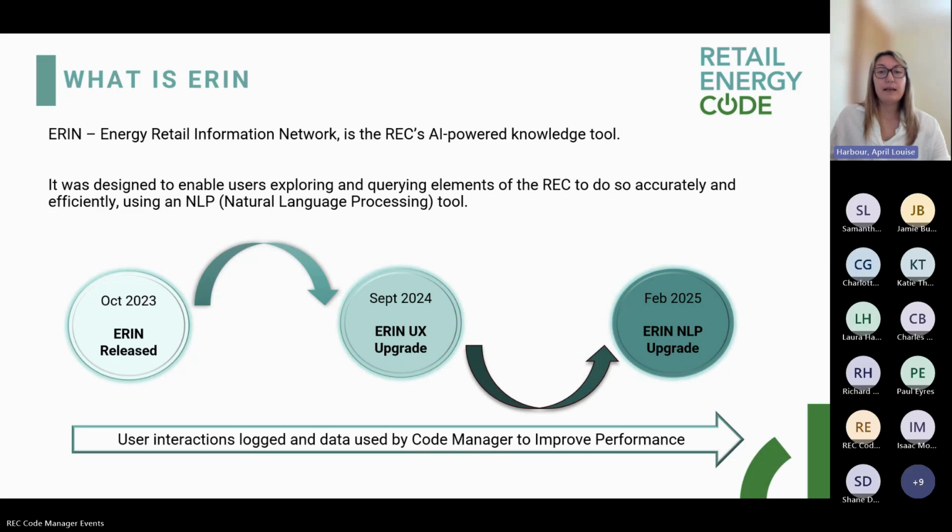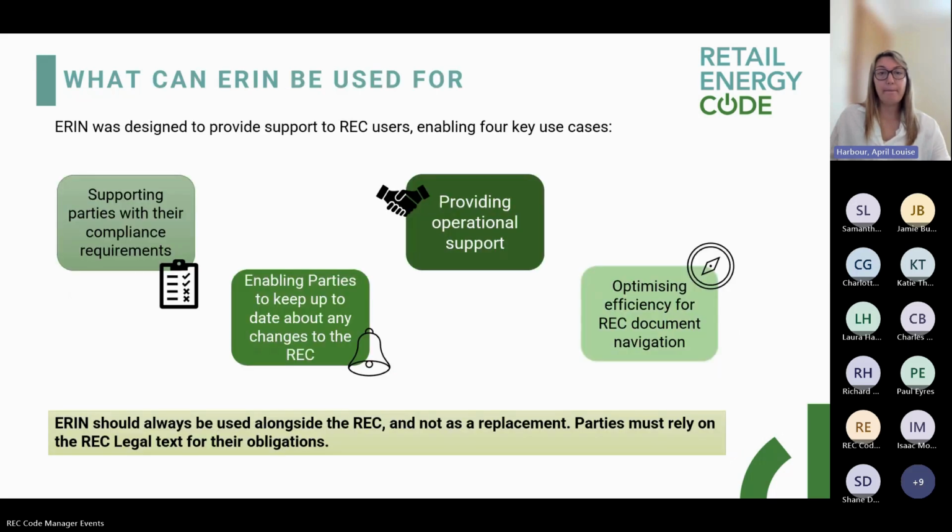And then most recently, in February of this year, we upgraded the ChatGPT version to 4.0. As you can imagine, between October 23 and February 25, there's been some significant advances in the technology. We wanted to make sure users of ERIN were experiencing the upgraded features, such as faster and more accurate responses. So we can skip to the next slide, please, Jenny.